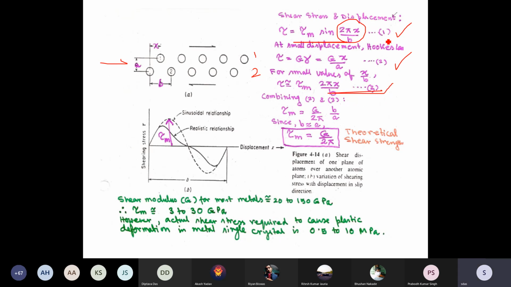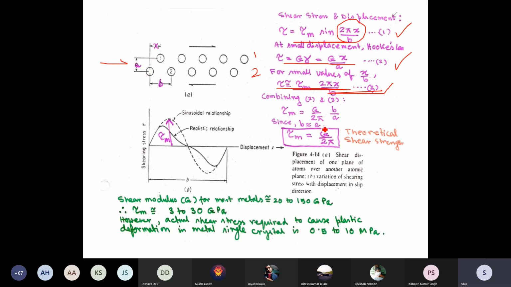Now combining equation number 2 and equation number 3, what do I get? Tau max is equal to G by 2 pi times b by a. And for most metallic crystals, b and a values are more or less the same, 2 to 3 angstrom or so.